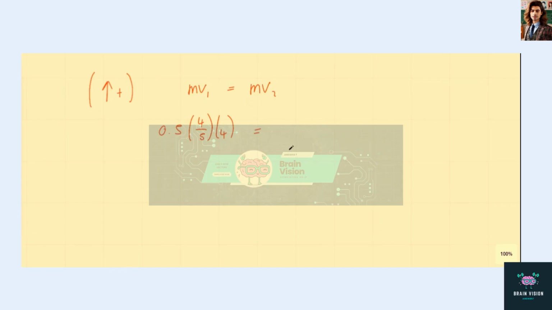Now this must equal the final y component of B, which is 0.5 VB2y. So if we rearrange this, we find that VB2y, the y component after the collision for disk B, is 3.2 meters per second, and that's upwards.